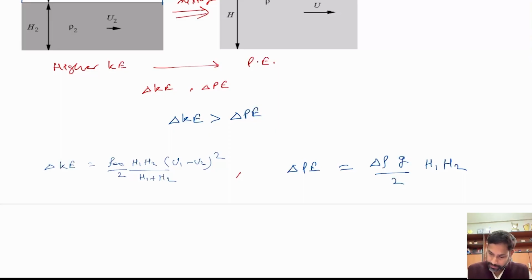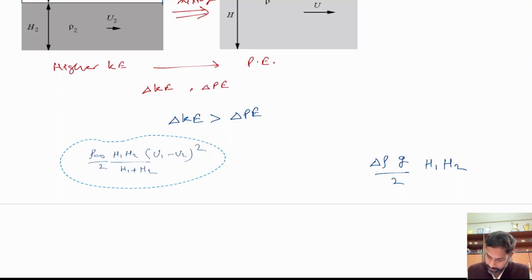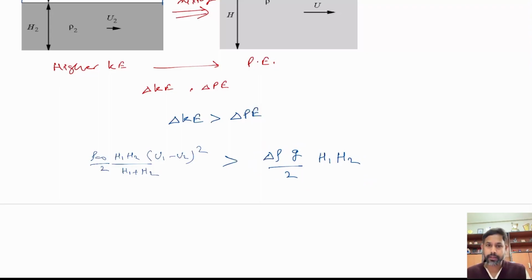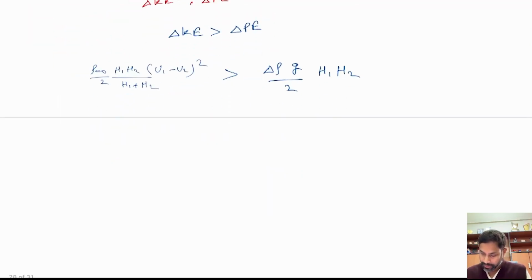And if this is true, in that case we can say that this value must be greater than this value, right? Because what you have on the left is the change in kinetic energy due to mixing, and what you have on the right is the change in potential energy due to mixing, right?